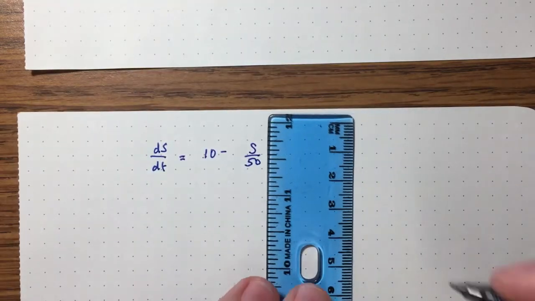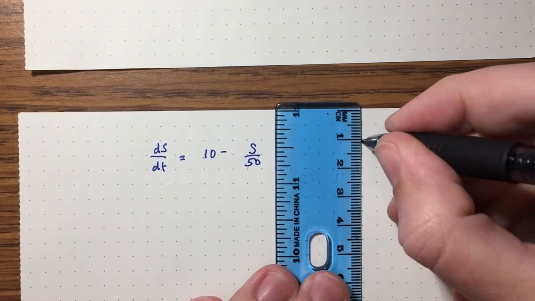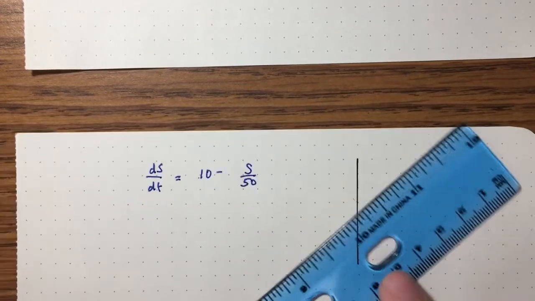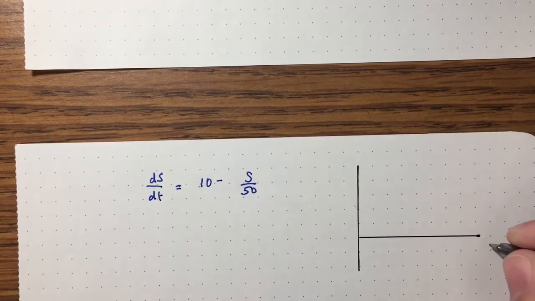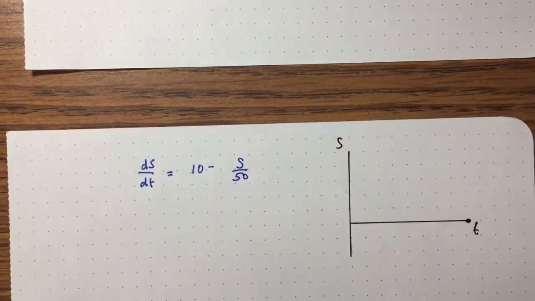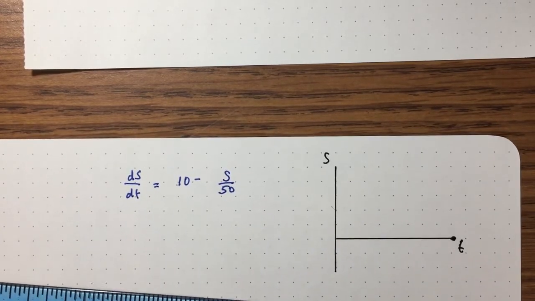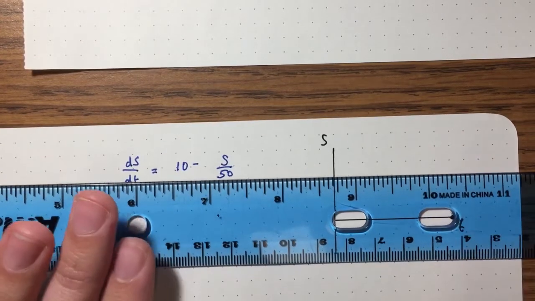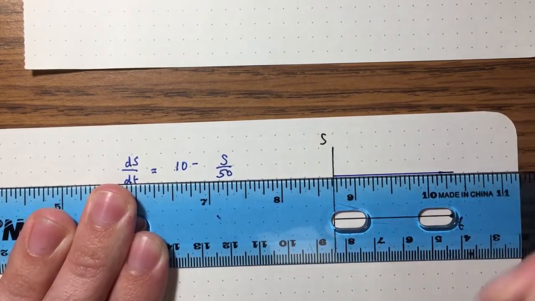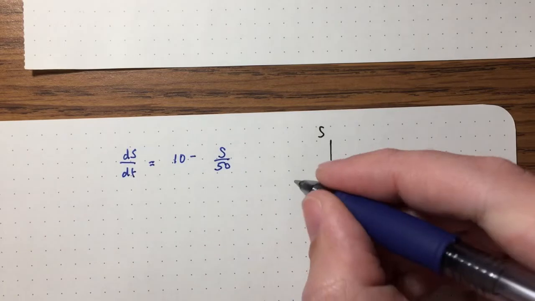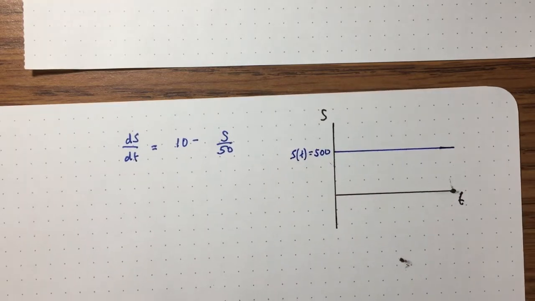I'm going to draw a little graph over here. Here's t and here is S. And let's graph our equilibrium solution. It's just going to be a constant solution, so it will look like a horizontal line, the constant function 500.